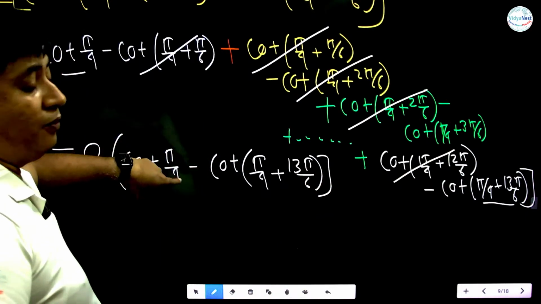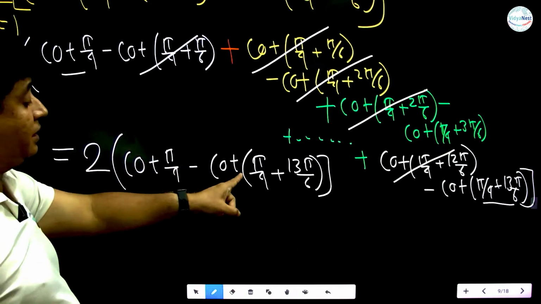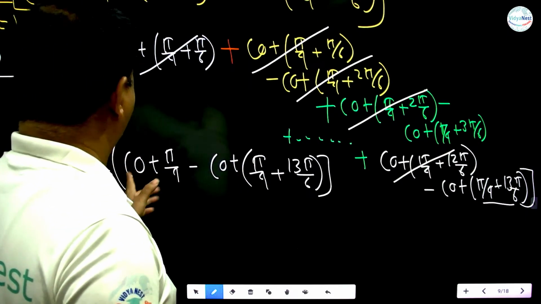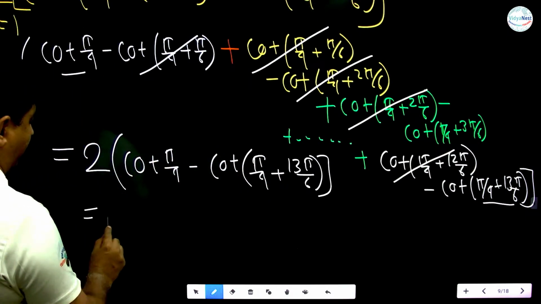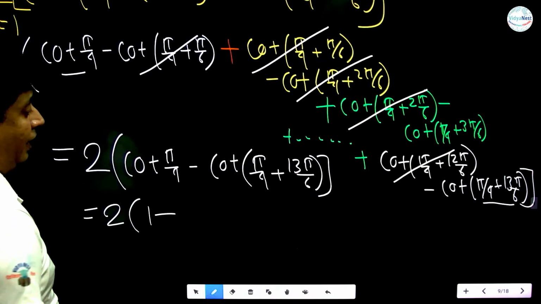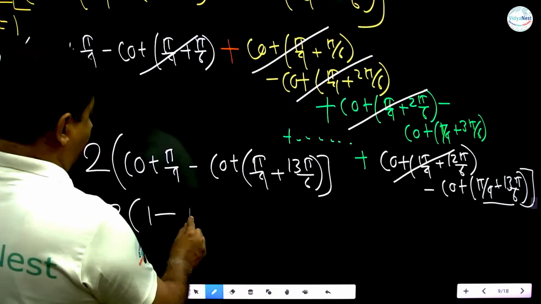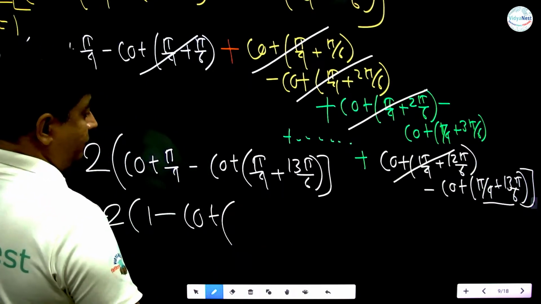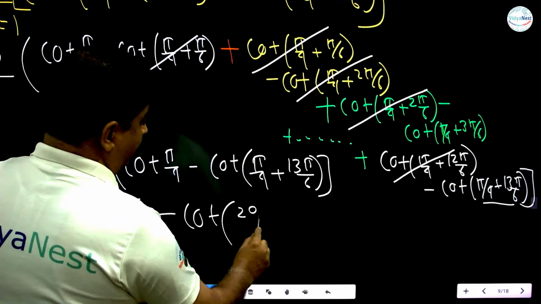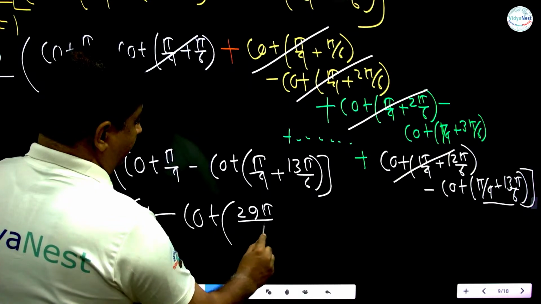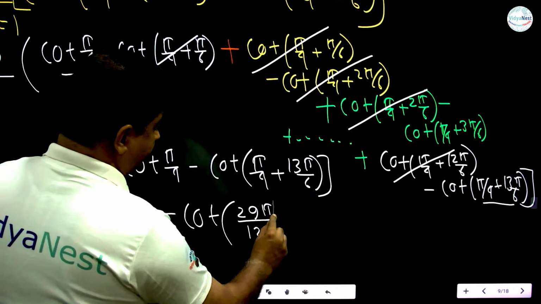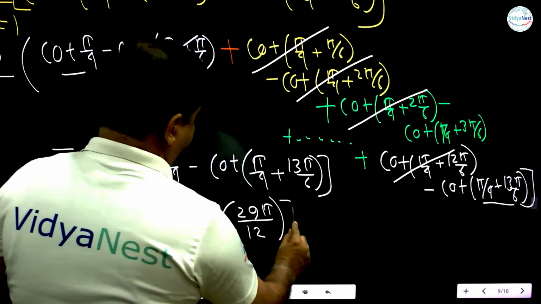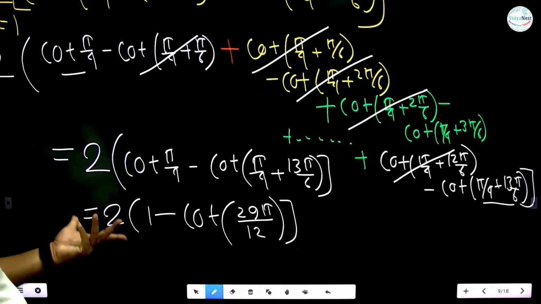Cot pi by 4 you know, that is 1, and for the other we take the LCM of 4 and 6, which is 12, and you will get cot of 29 pi by 12. Now it is a simple use of board-level trigonometry.